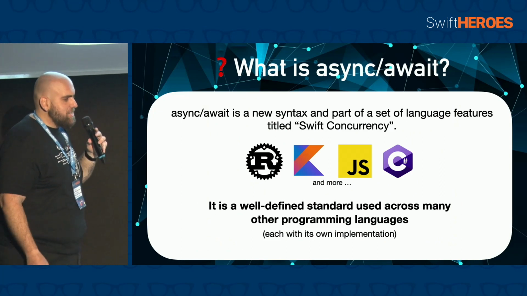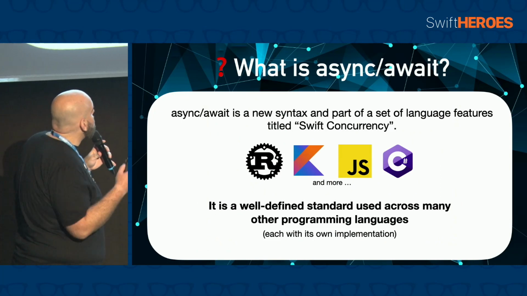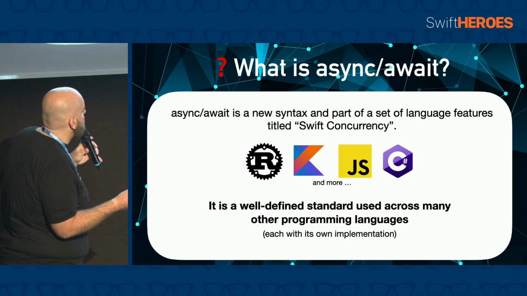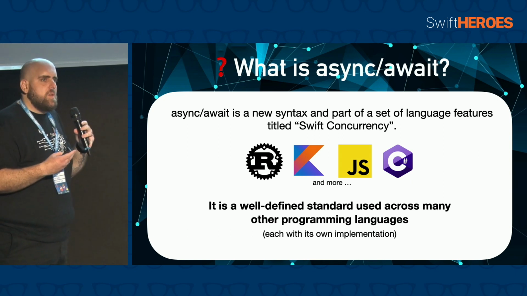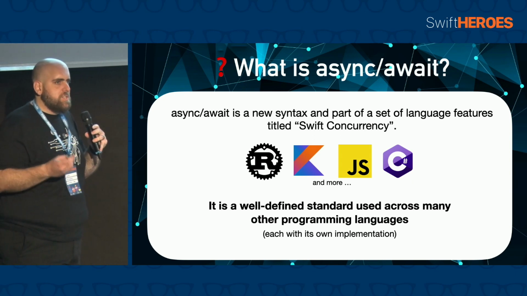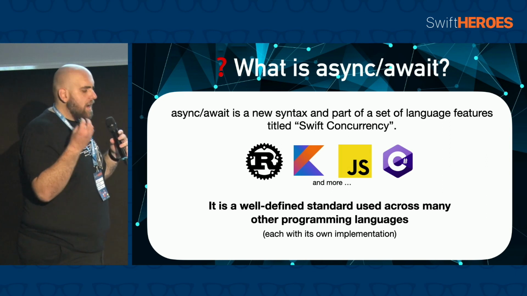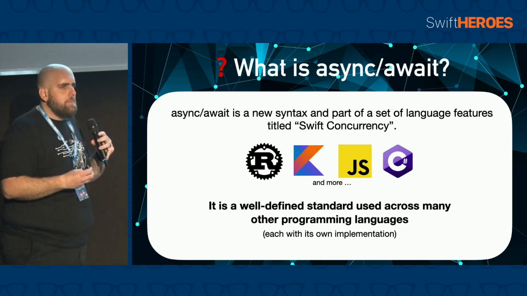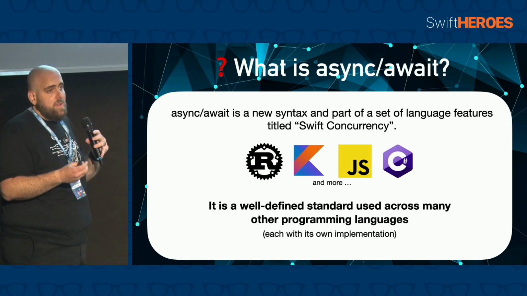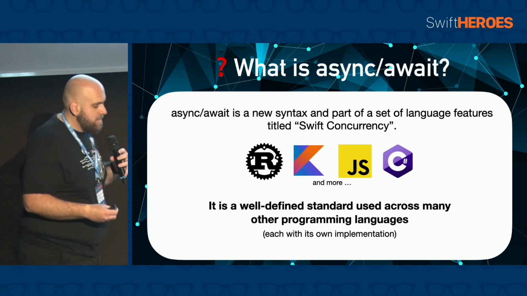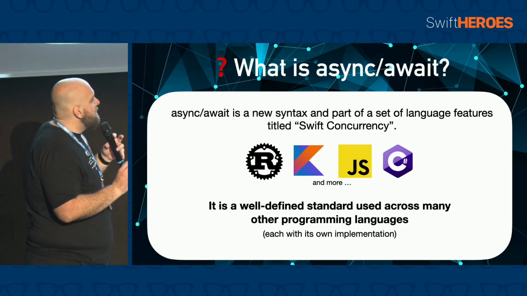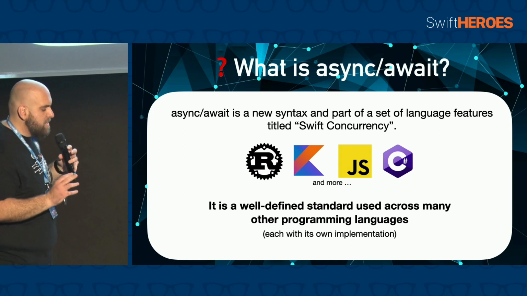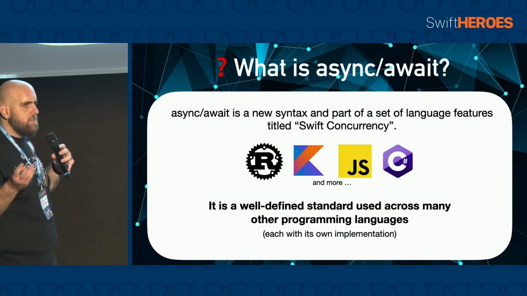But no, async await is actually a new syntax, and it's part of a new set of features in Swift called Swift Concurrency. We know these keywords from other programming languages, so it's kind of a mature way to reason about and talk about asynchronous work and how to run it, handle it, and manage it. It's implemented a bit differently in every language, but still it's nice having a common way to talk about this stuff across languages.